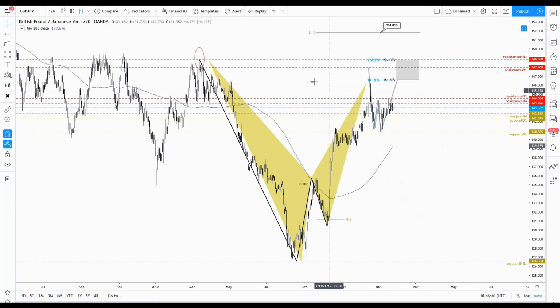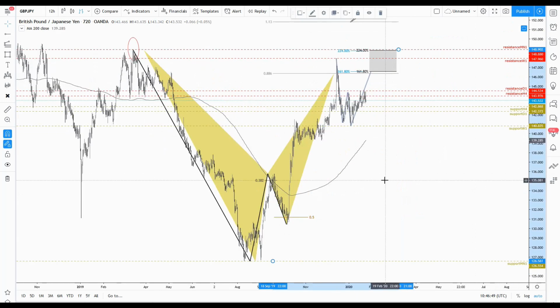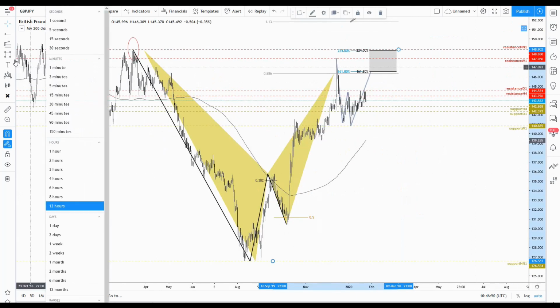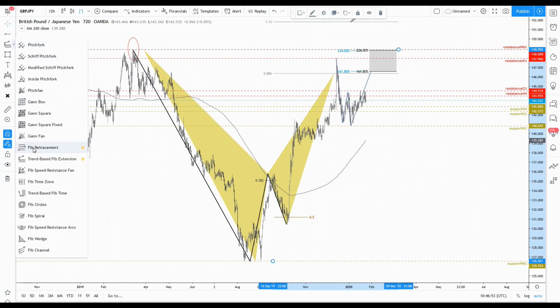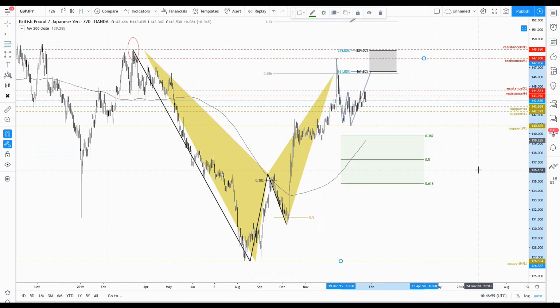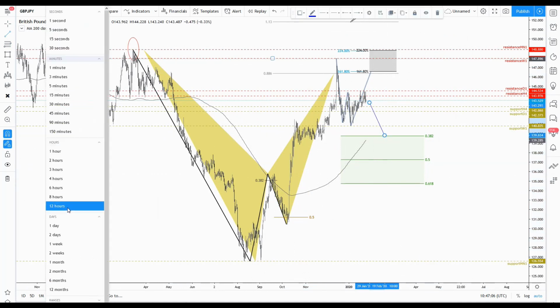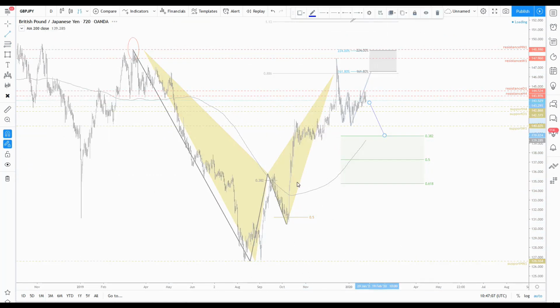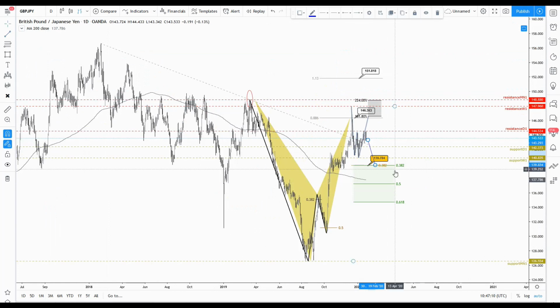We were trading the 88% fib, so this is the bearish Butterfly pattern completion point. I'm not sure why this chart is incomplete, but by default I will wait for the 38% Fibonacci retracement to be reached. Actually, let me change this into a daily time frame. Okay, I have there my targets.